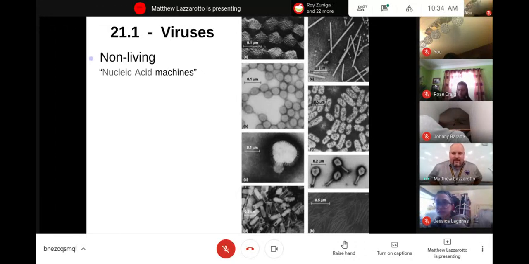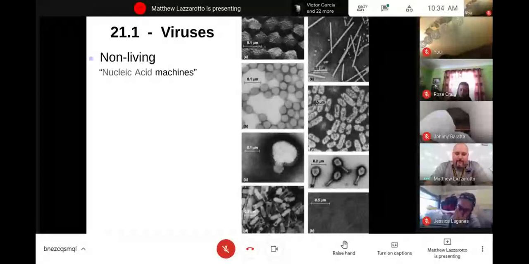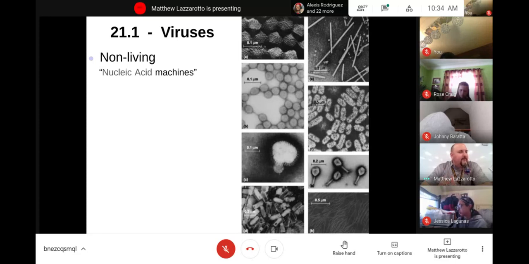They can't reproduce, right? They replicate. They make a copy of themselves in the host cell. They literally take over the host cell. They don't need energy to live. So I call them nucleic acid machines. They're not living things. They're not organisms.